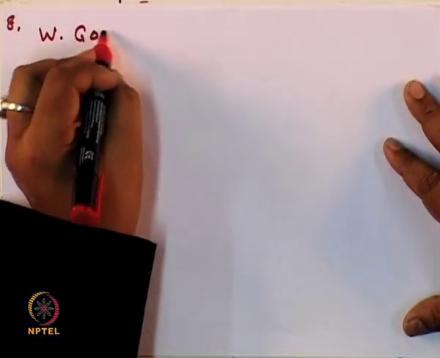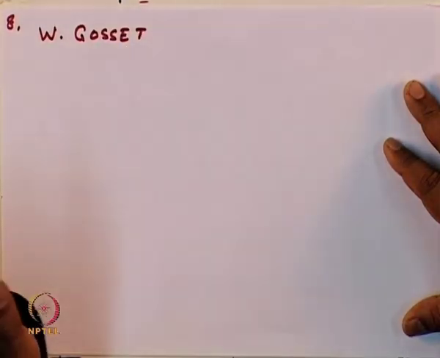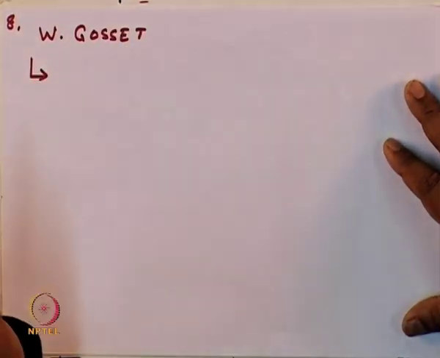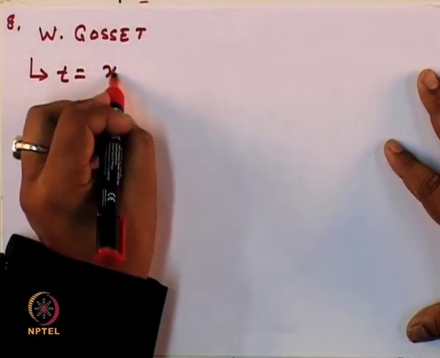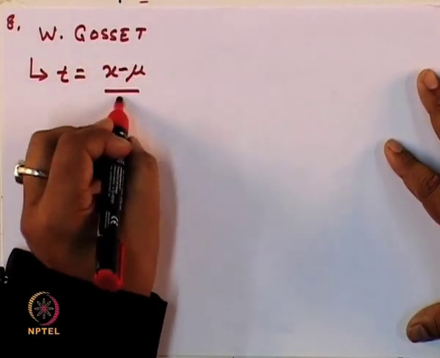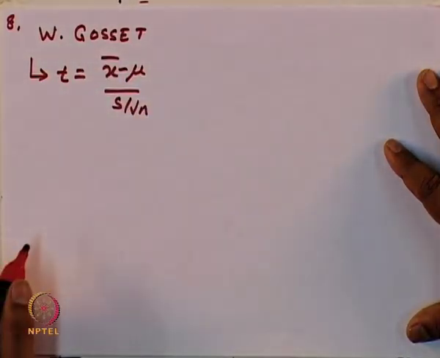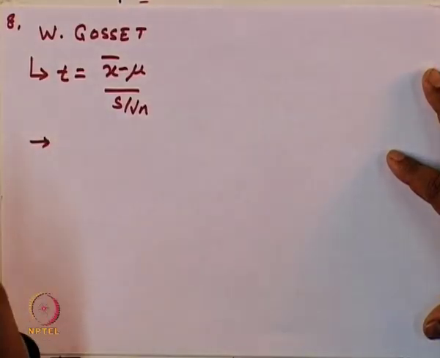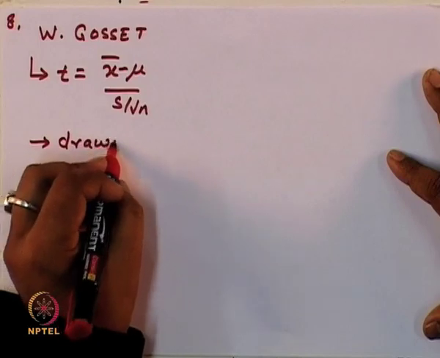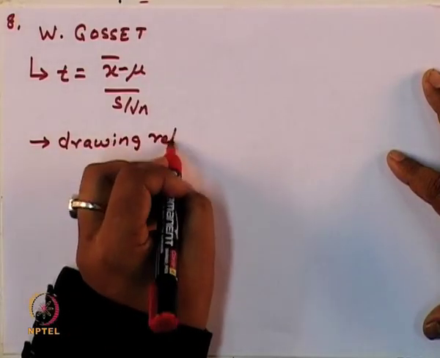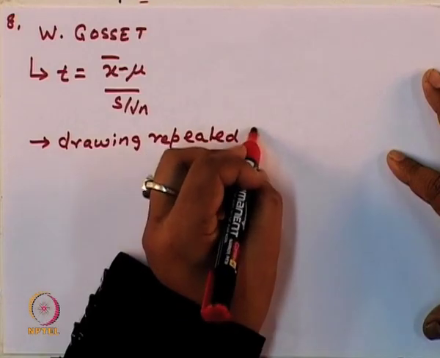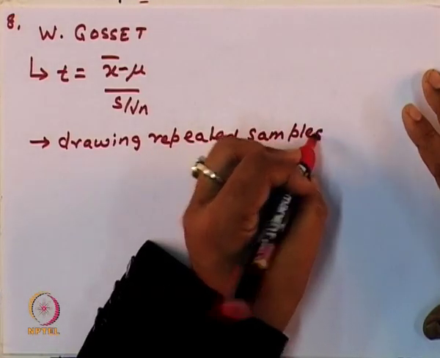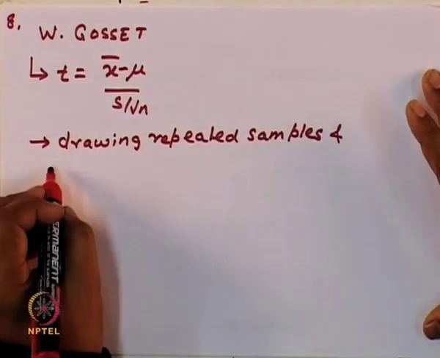So, this question has been addressed by Gossett. He published this study where he defined T as x bar minus mu by S by root n, and the distribution he obtained. He calculated this T by drawing repeated samples and computing the T value.